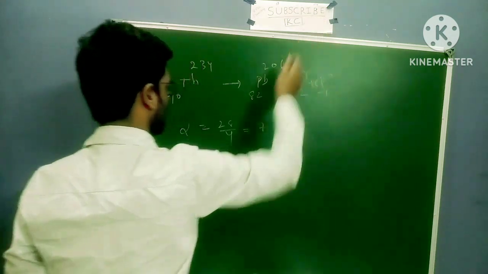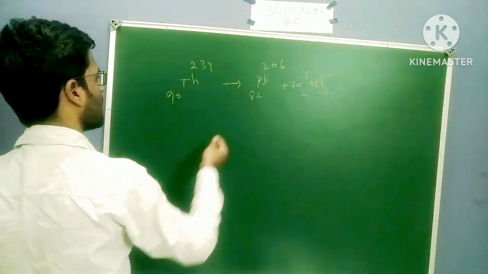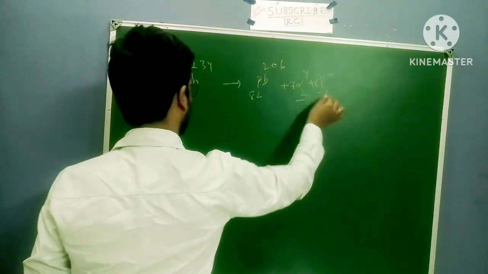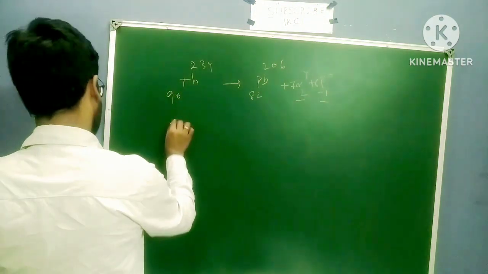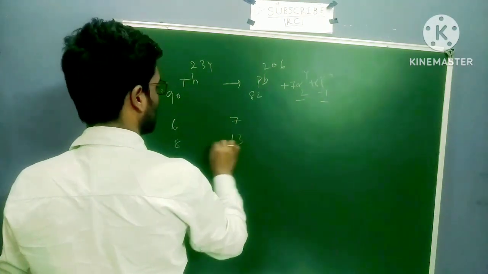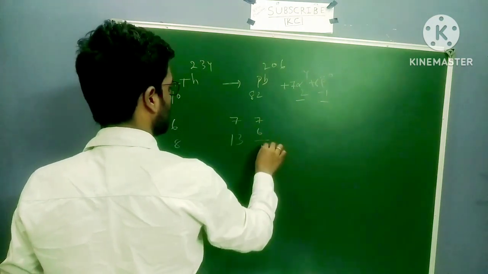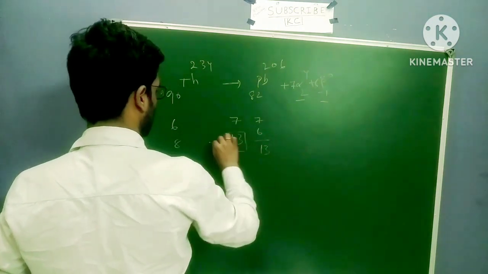The options for the combined number of alpha and beta particles are: first 6, second 7, third 8, fourth 13. So 7 alpha particles and 6 beta particles, totally 13. This is the correct option.